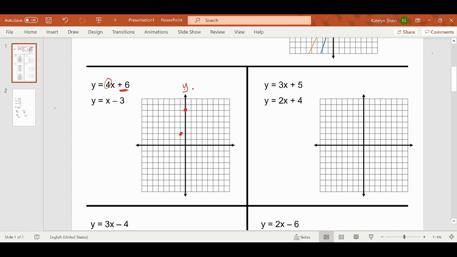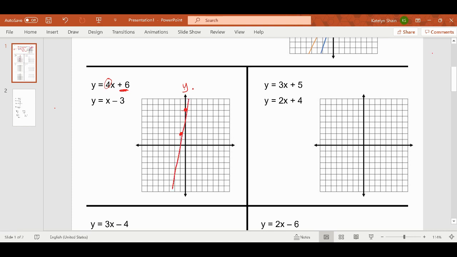Now I will go ahead and connect these. I'm just going to try and draw this. Hopefully that's straight enough. That doesn't look very straight, but I can't use a ruler on a computer. So actually, maybe I can. Hold on. Let's give it a shot. You don't let me do that. Kind of.